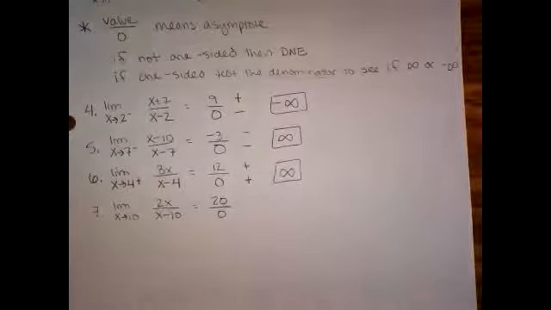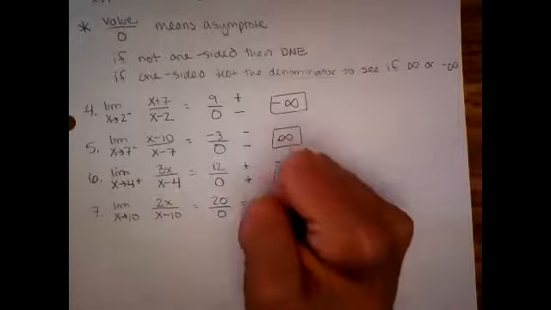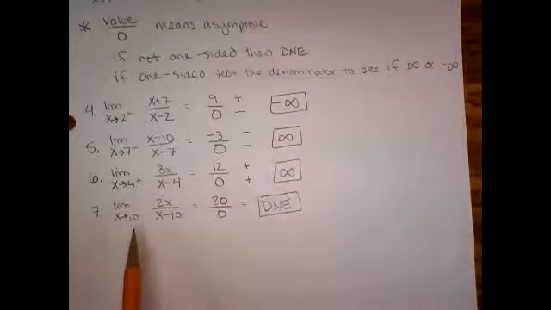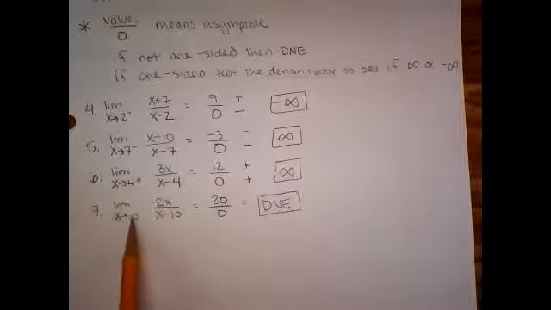That's when you go, oh, value over 0 means an asymptote. This one we don't have to test. We can just automatically write the answer. What is our answer going to be? Good. Why is it does not exist? Not one-sided. If there's an asymptote, you can't get an answer unless it's one-sided. So that one would just automatically be does not exist.